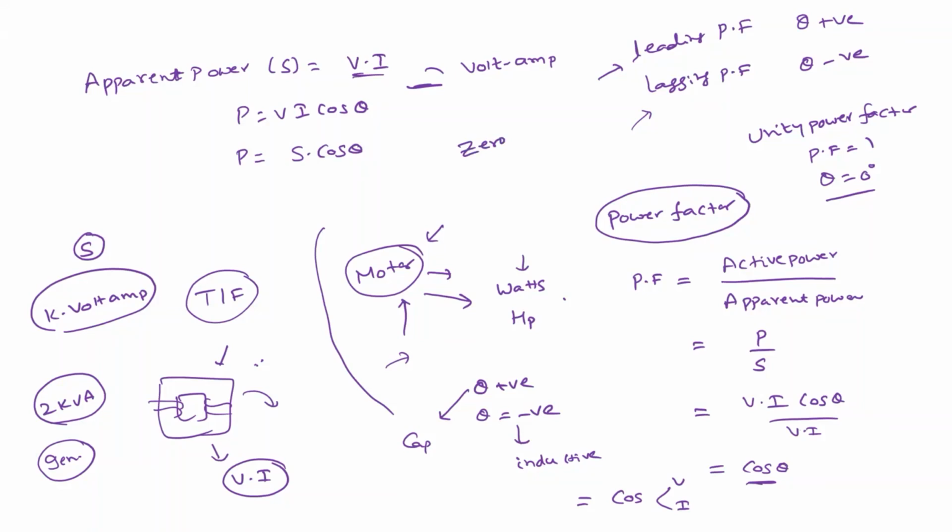For pure inductive, it is 0 lagging. So when you state the power factor, you must include whether it is leading or lagging. Similarly, if it is pure capacitive, the power factor is 0 leading.